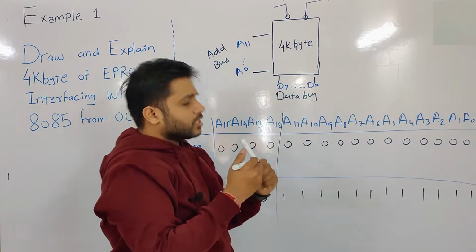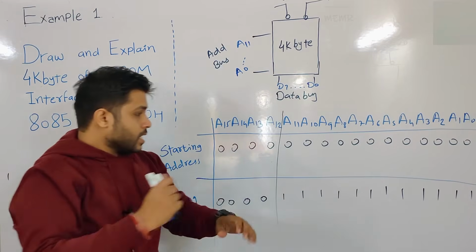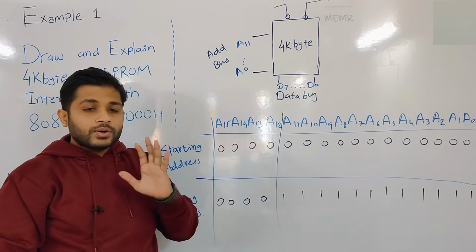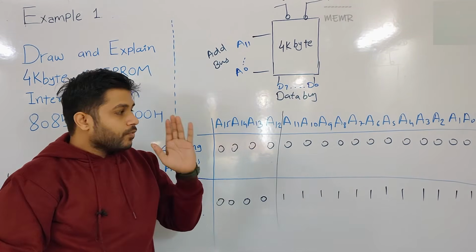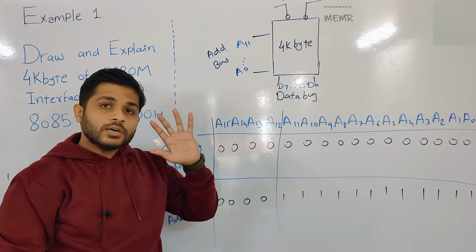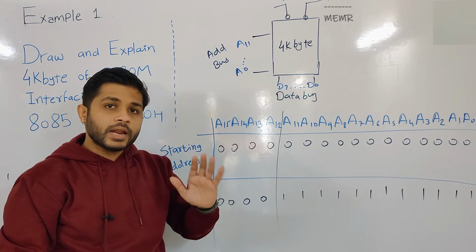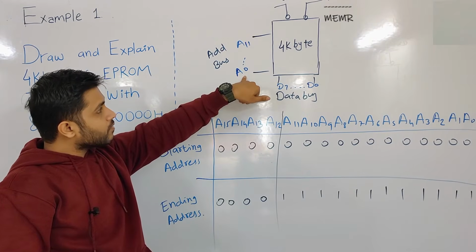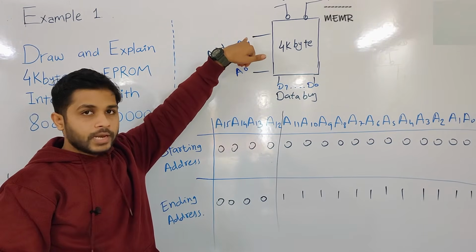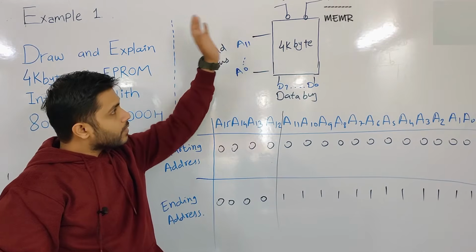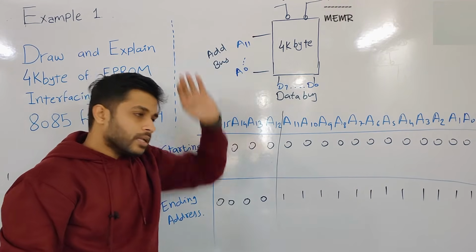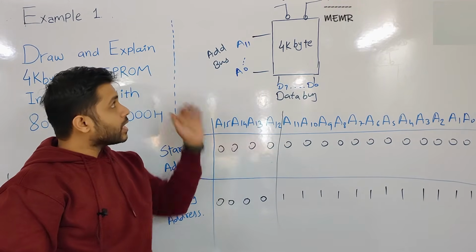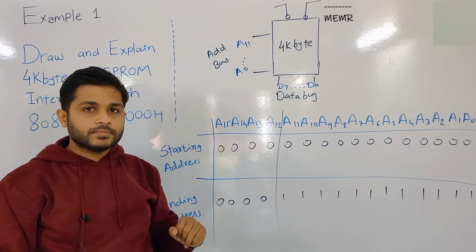The last one is the chip select. For the chip select, we connect all the lines that remain after memory interfacing. In the memory interfacing, we have connected A0 to A11 to the memory. The remaining lines, A12 to A15, will be connected to chip select bar.